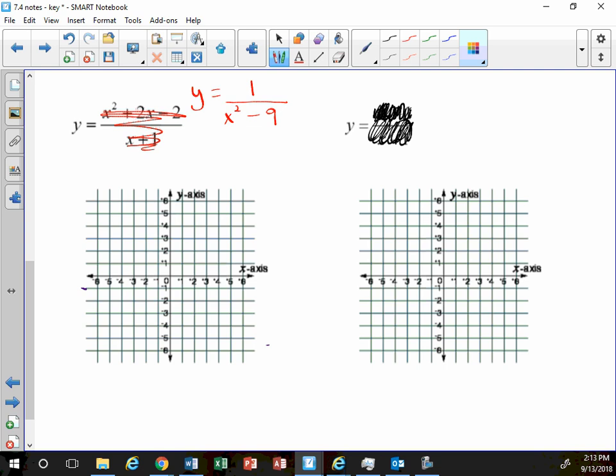Which part of the fraction really matters in making this 0? But you don't have to do that step every time. You can just say the only way this is going to work is if that numerator is equal to 0. So, numerator.